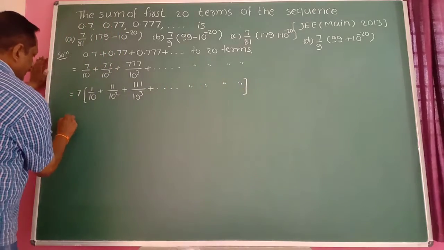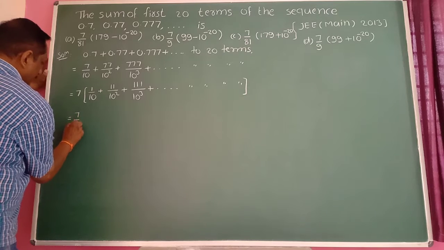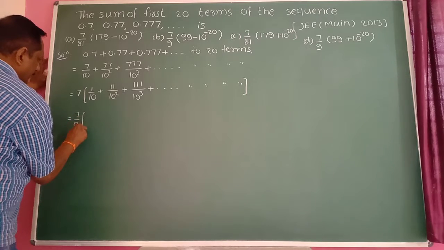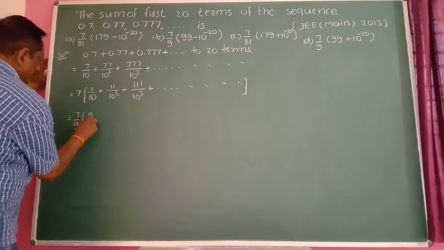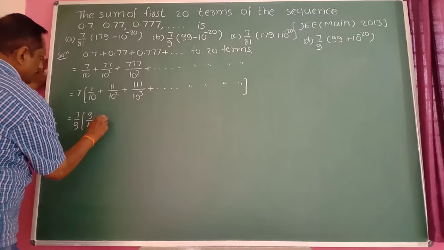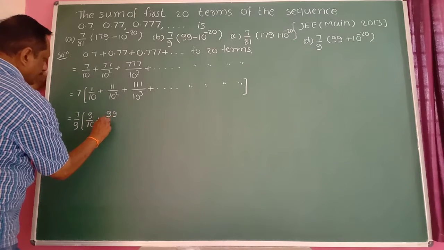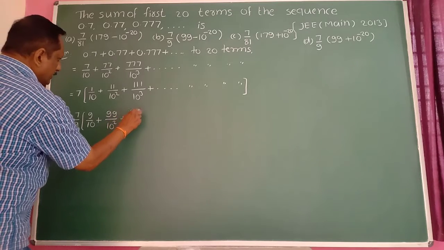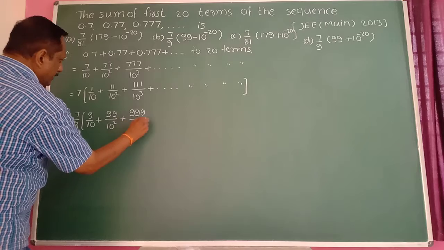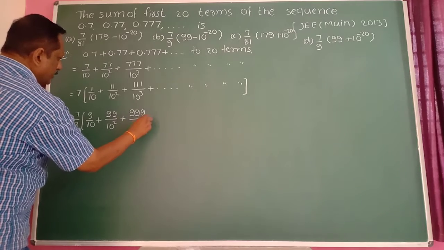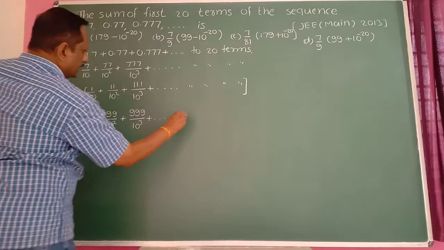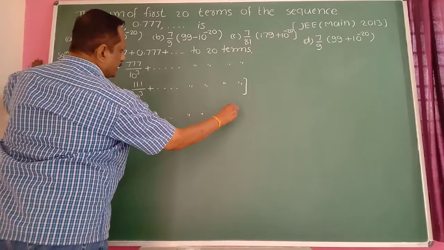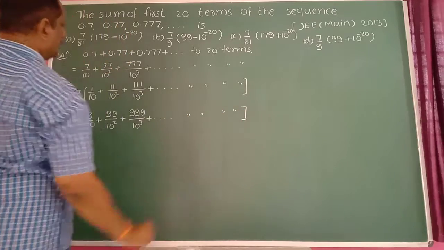Multiply by 9 and divide by 9 here. 7 divided by 9 into bracket 9 divided by 10 plus 99 divided by 10 square plus 999 divided by 10 cube and so on up to 20 terms here.